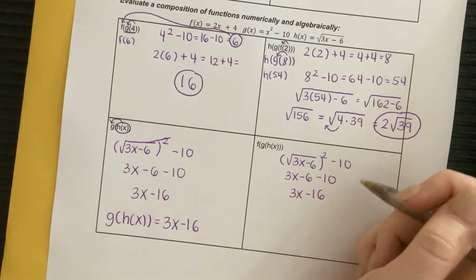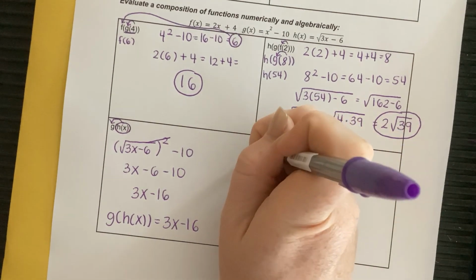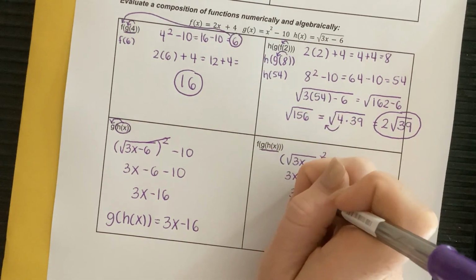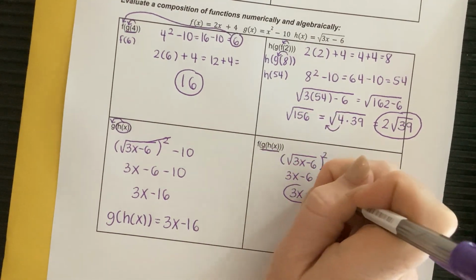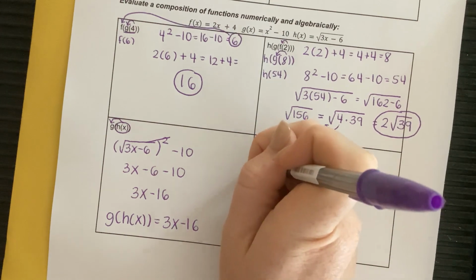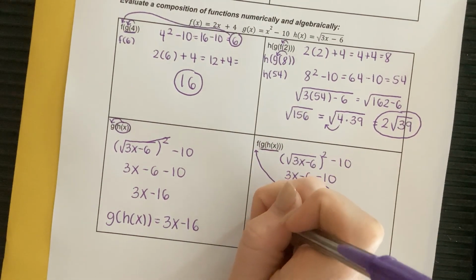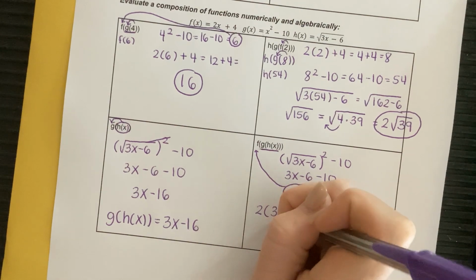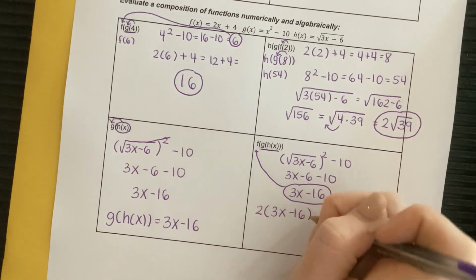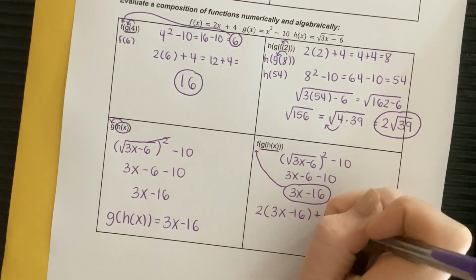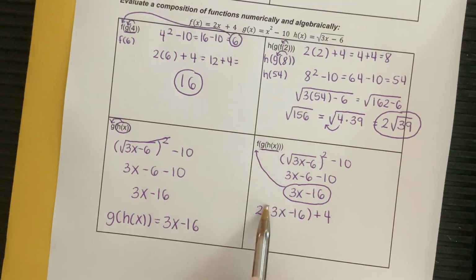Okay, now, so this is what I get right here when I plug in this part. So now I'm taking this equation, and I'm going to plug it in to my f equation. So it's going to look like 2 times 3x minus 16 plus 4. That is taking this whole piece and replacing the x right there.